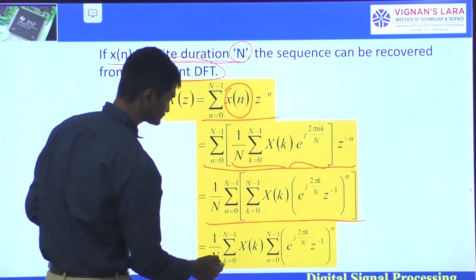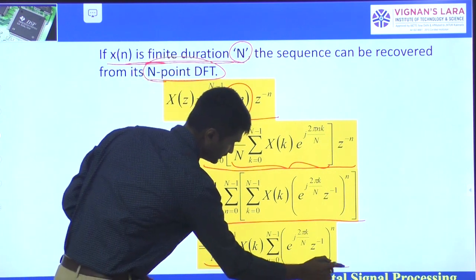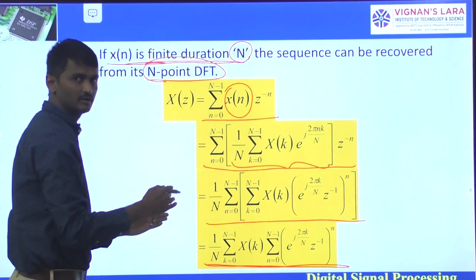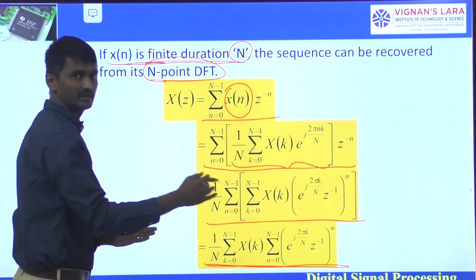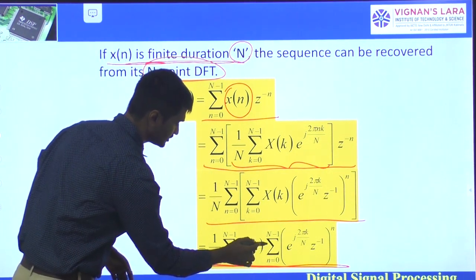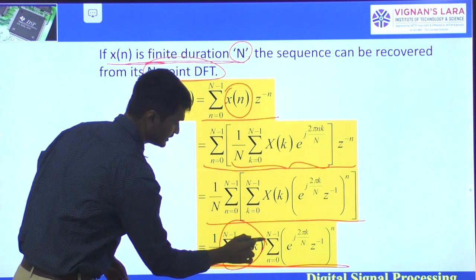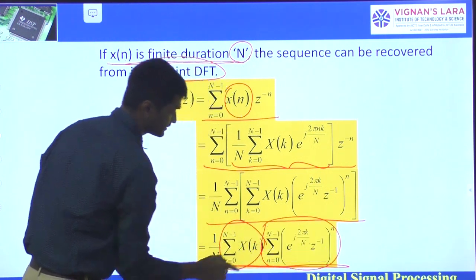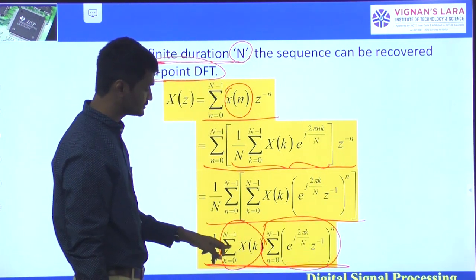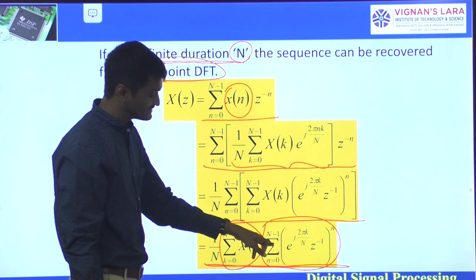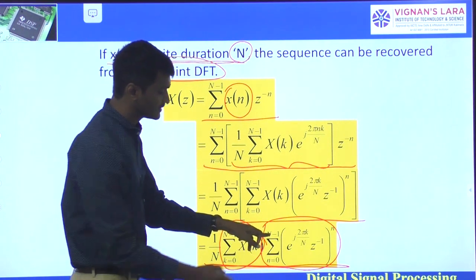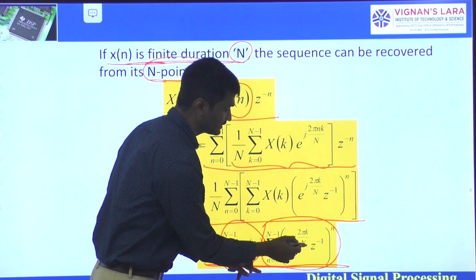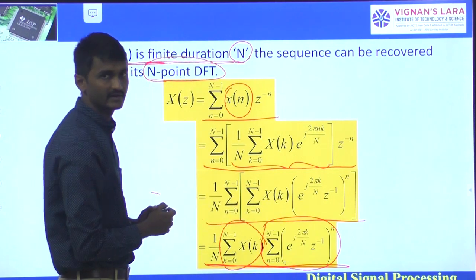Then separate all the terms related to index k and index n. So 1 by N, sum over k equals 0 to N minus 1 of X of k, sum over n equals 0 to N minus 1 of e power j 2 pi k by N, z power minus 1 whole power n.